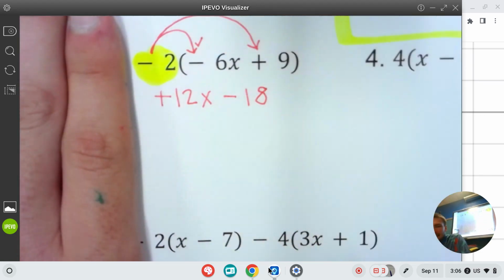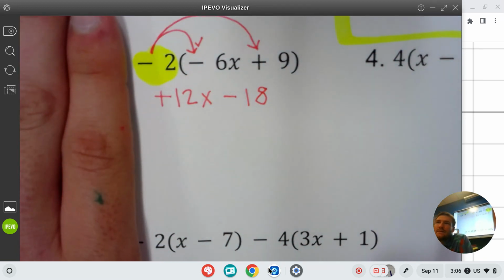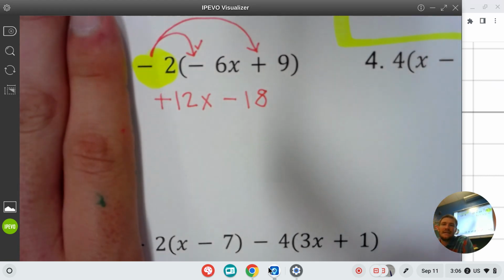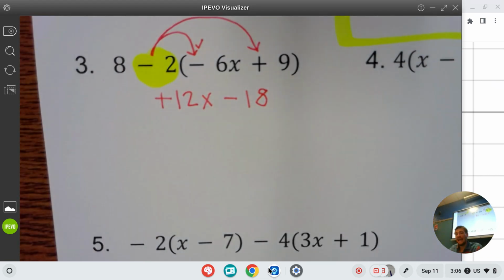Negative 18 is the correct distributing solution. But this question is not done yet because we still have an 8 left over. Is that a positive 8 or a negative 8? It's a positive 8. So when we bring it down, we're going to be bringing down a positive 8.